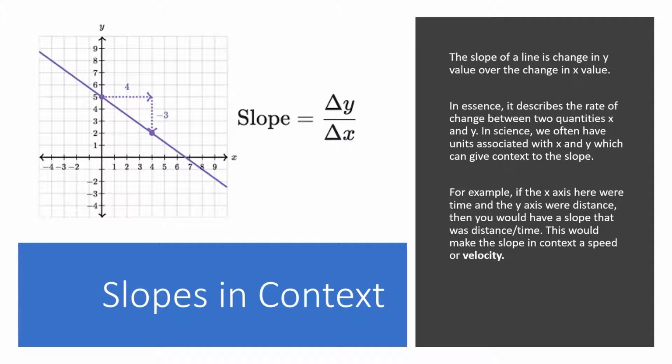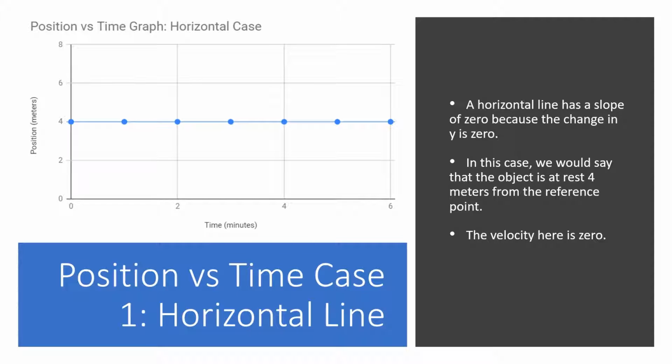So let's take a look here at the situation of a position versus time graph. We have position on the y-axis and time on the x-axis. Since position is on the y, the slope in this case would be the change in position over time.